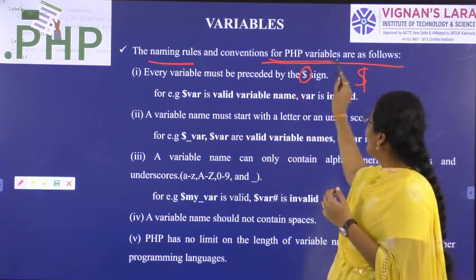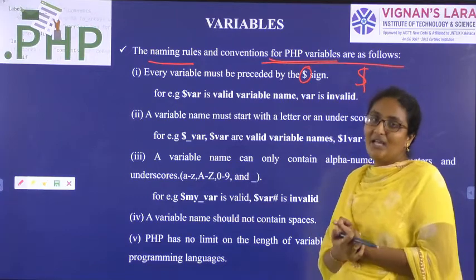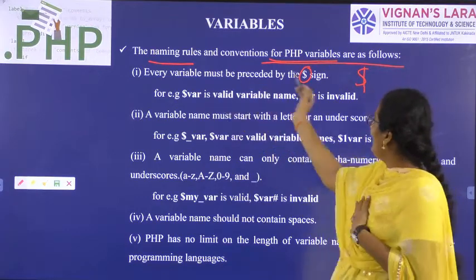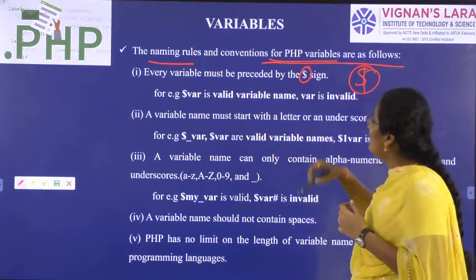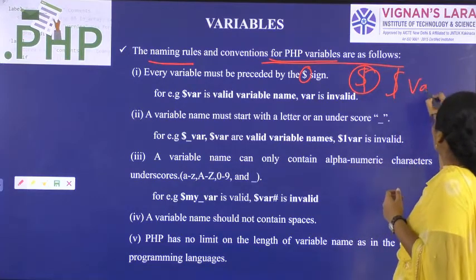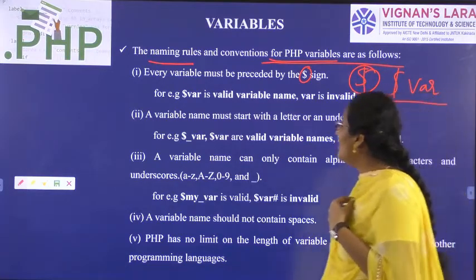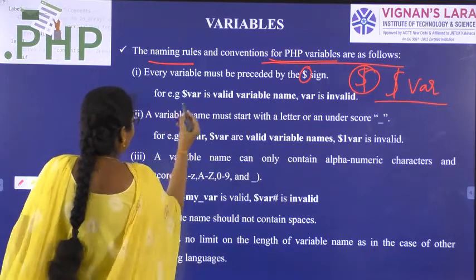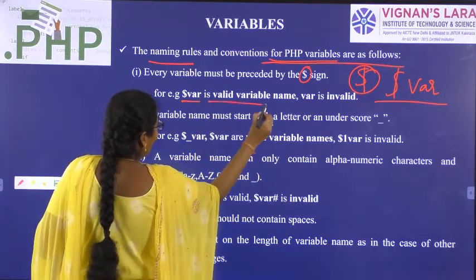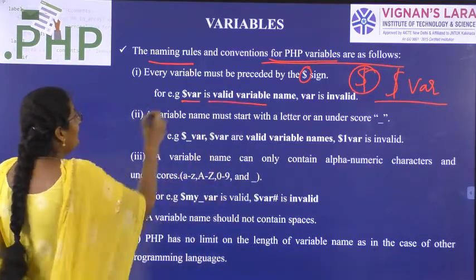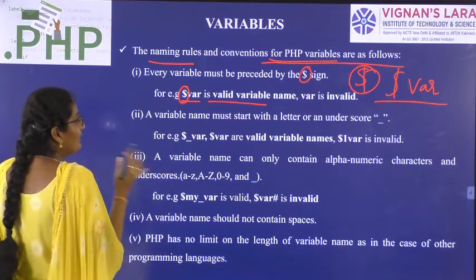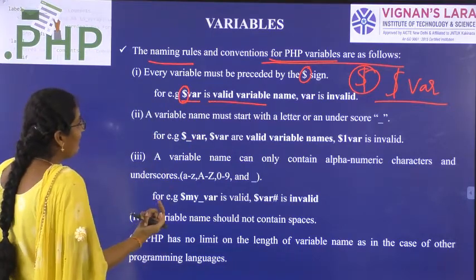In PHP, what is rule number 1 to name the variable? Every variable must start with a dollar symbol. So $var is a variable with the dollar symbol. See the example: $var is a valid variable. If you don't have the dollar symbol in front of the variable name, it is not valid.